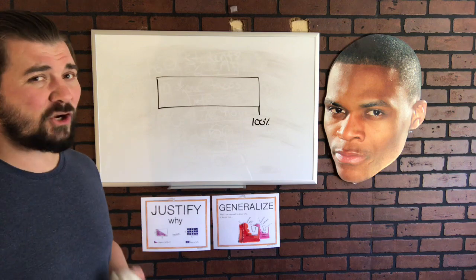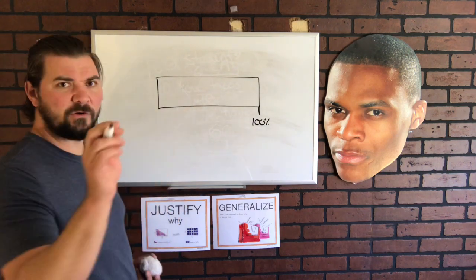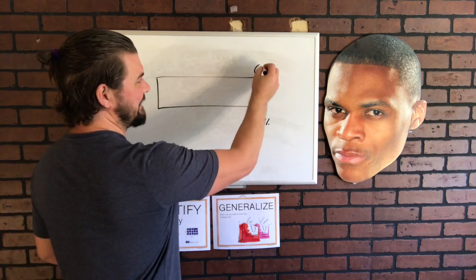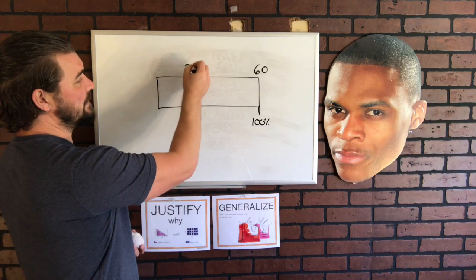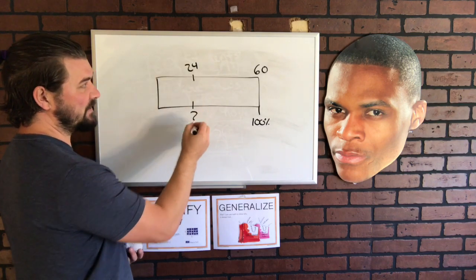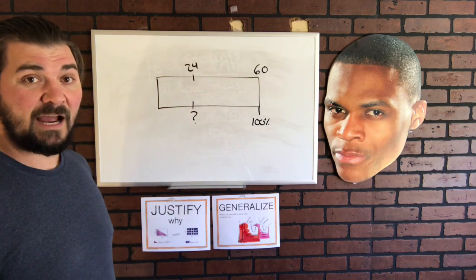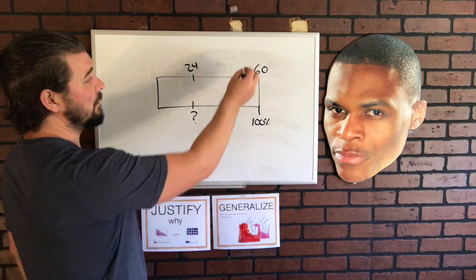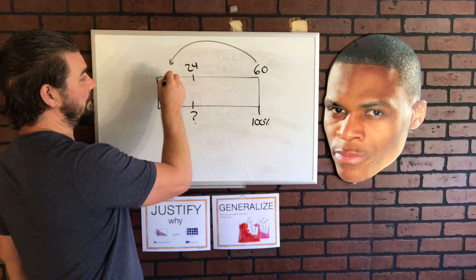Now, we didn't know what 100% was in this problem. No, wait, we did. It was 60. And we knew 24 kids, but we didn't know what percent that was. So we had to think about the same idea. How would I go backwards with this percent bar?